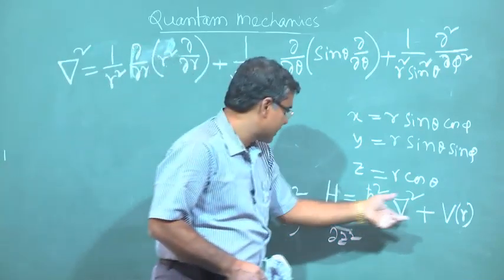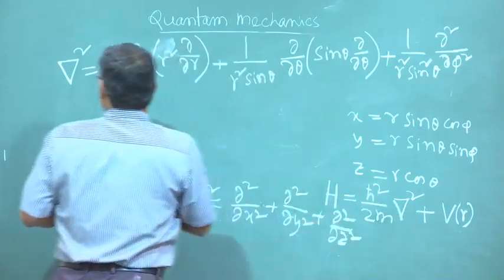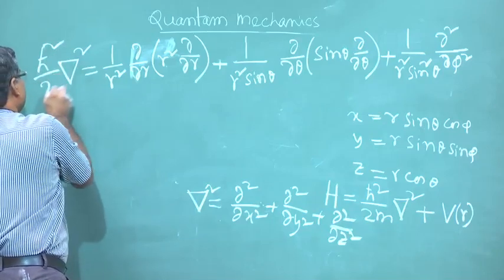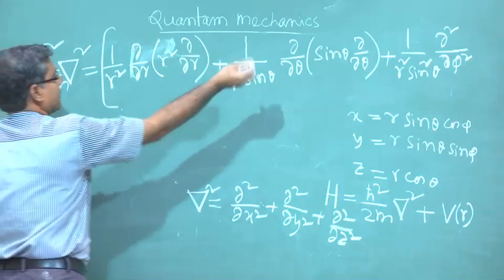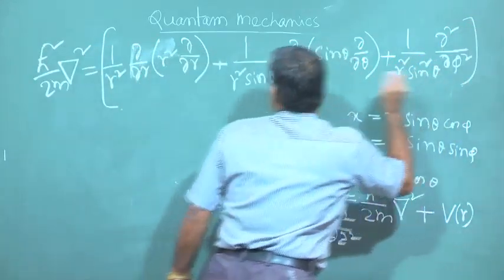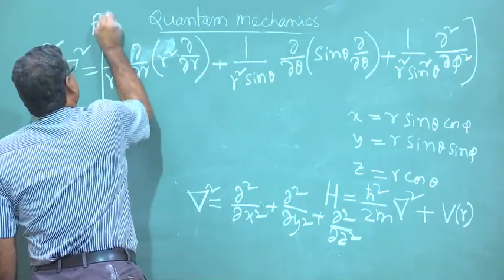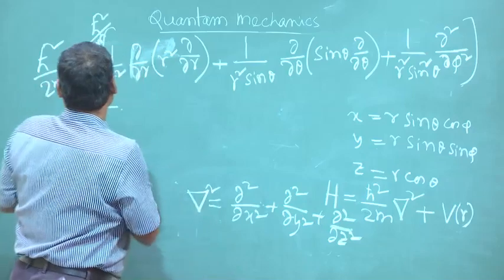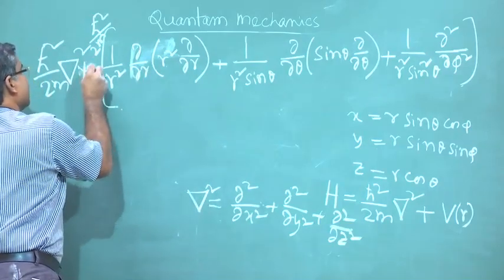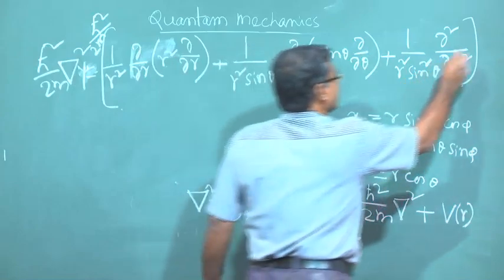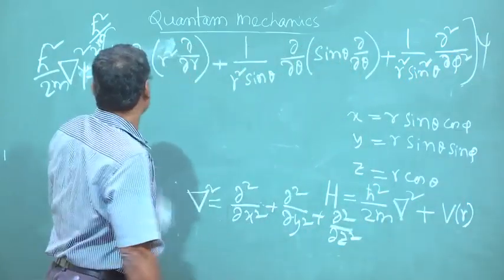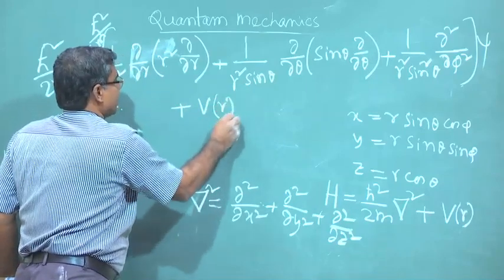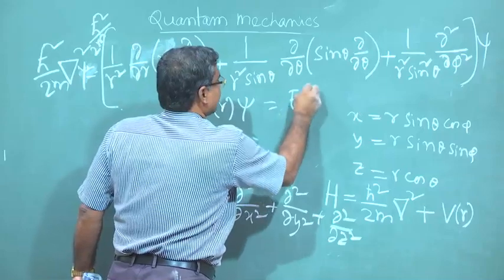So if you know the Laplacian, then your Hamiltonian will be minus h cross square by 2m times the Laplacian, acting on psi, plus V(r) psi equal to E psi.